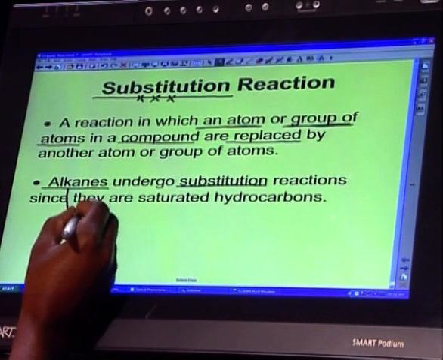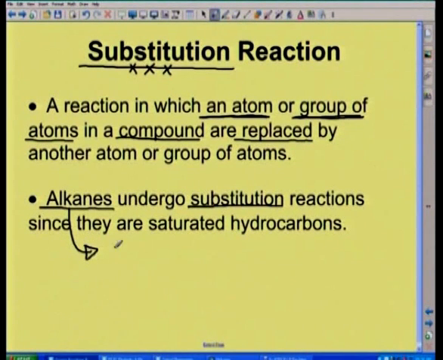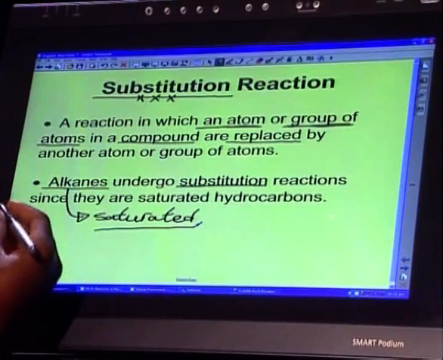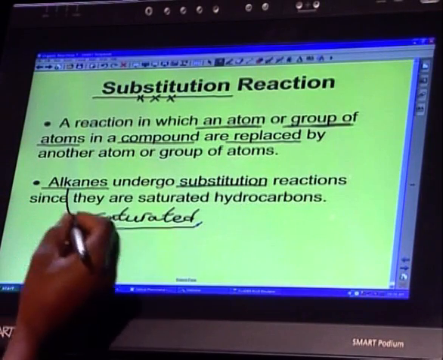We say that alkane molecules are saturated. What do we mean by them being saturated? They've got everything that they should be having in terms of the atoms that are there. So if you are to change them into something else, you need to replace what is currently available.